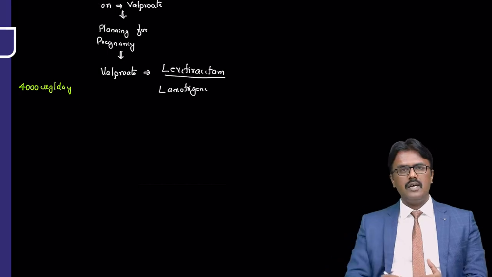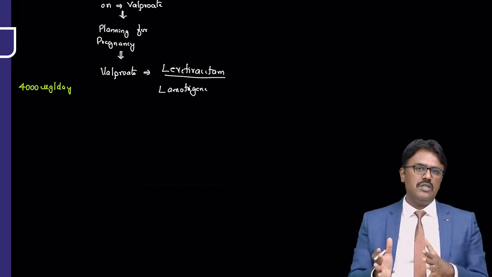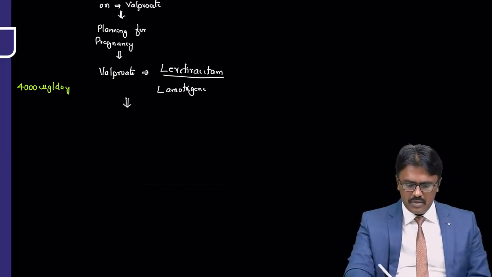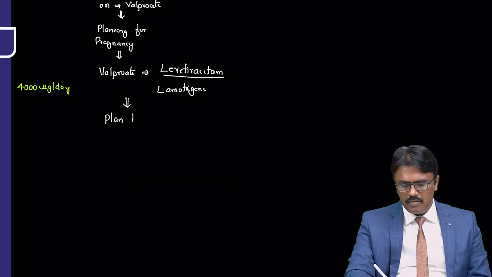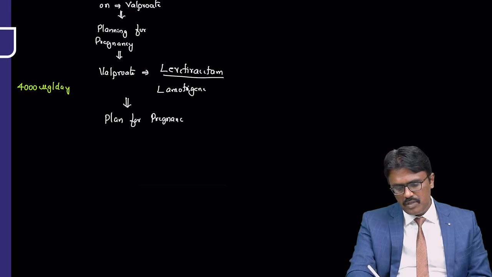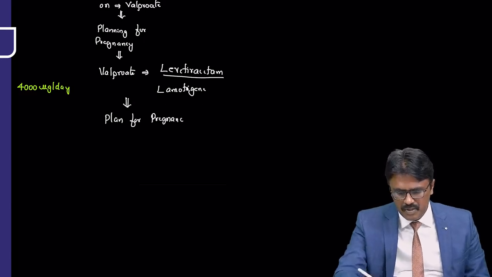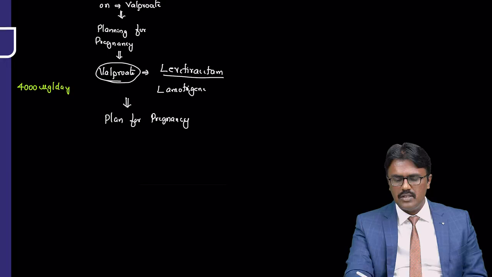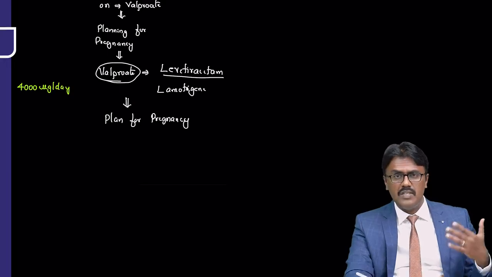Now with levetiracetam or lamotrigine, when the patient has no seizures, then we tell the patient to become pregnant. So when we shift the patient from valproate to levetiracetam or lamotrigine, we check for 2-3 months whether seizures are controlled.